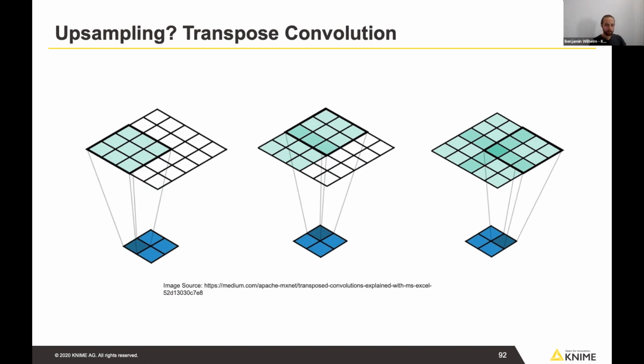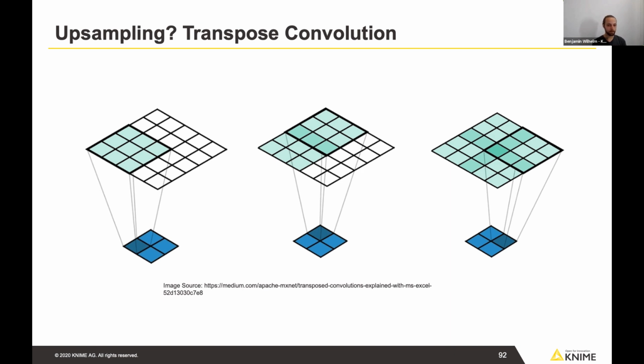And the transpose convolution works like this. So in the bottom, you have the input image, and now we only take one pixel of the input image and multiply it by a kernel, and then add the values to a patch of the output image.